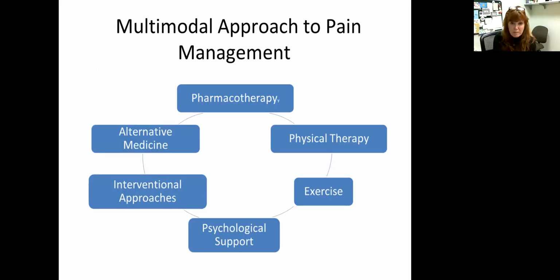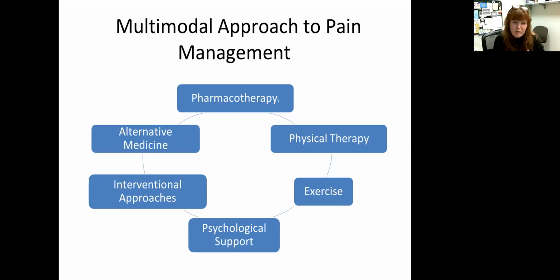When we're talking about a multimodal approach, I think we're all familiar with this schematic, but just again, the CDC is stressing non-pharmacological along with pharmacological modalities in order to best manage a patient's pain. And some of those other modalities, unfortunately, are not often as optimal or easily accessible to our elderly patients.